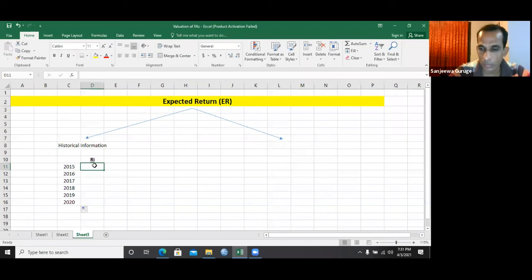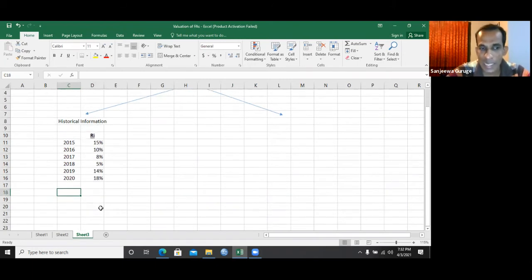Suppose it was 15%, 10%, 8%, 5%, 14%, 18% like this. So we can use the actual return. And to calculate the expected return, what we have to do is calculate the mean average.